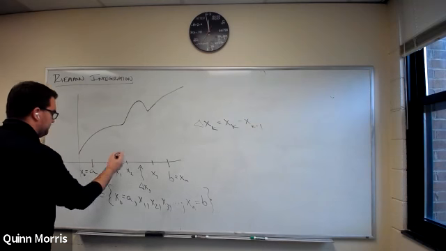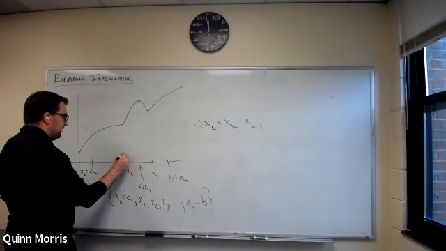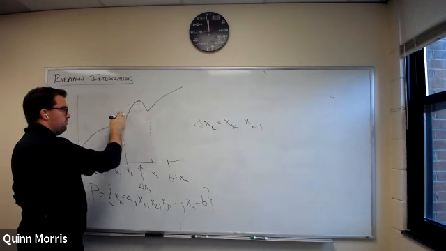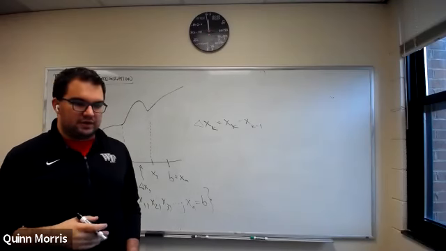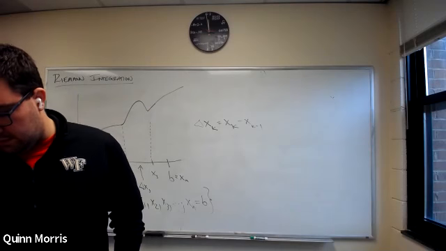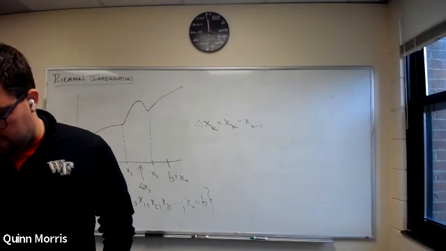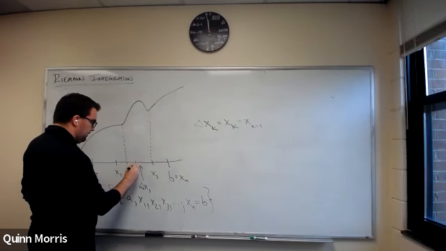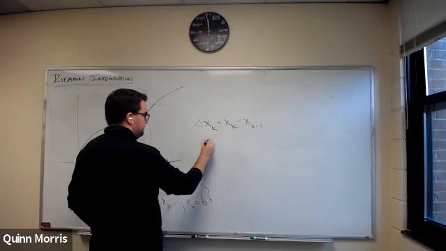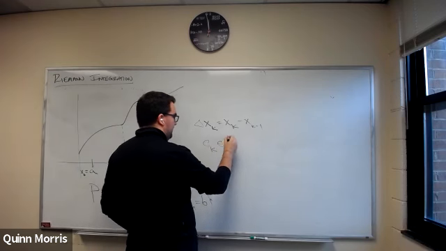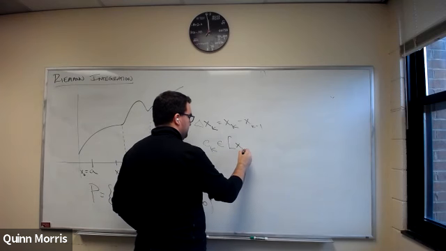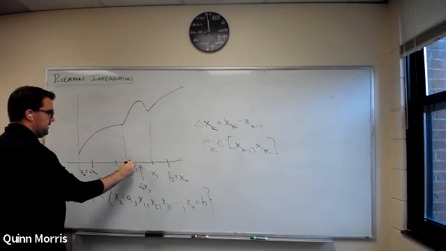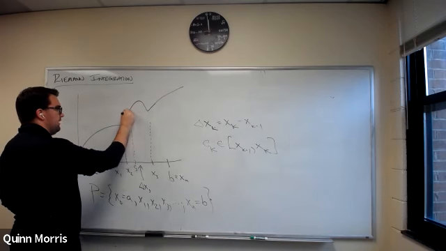That's good if I'm constructing rectangles. I have my base, but the question then is what point on my function am I going to use between x2 and x3? This is where we pick points called tags. For example, I might choose a tag in here, and I'm going to call this c3. In general, ck is the tag that lies in the closed interval x sub k minus 1 to x sub k. I could choose c3 here, and this would give me the height of my rectangle.